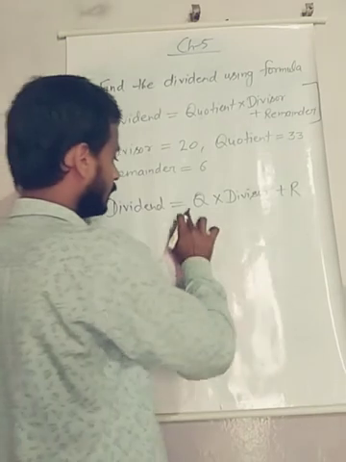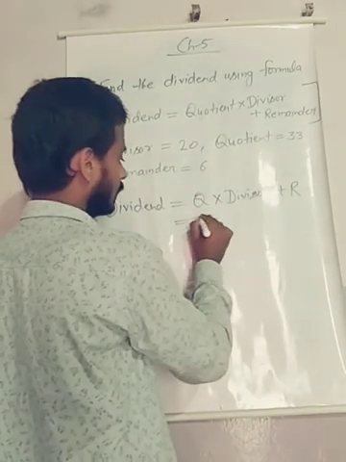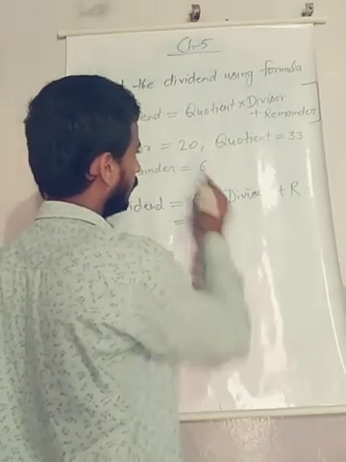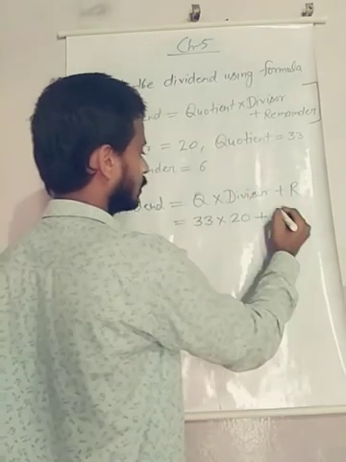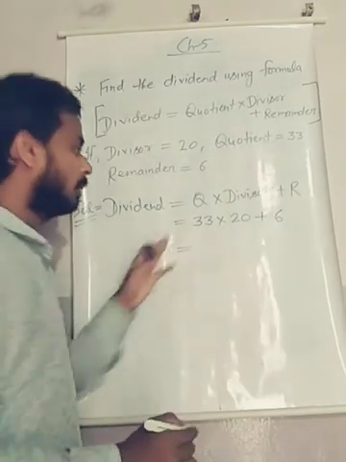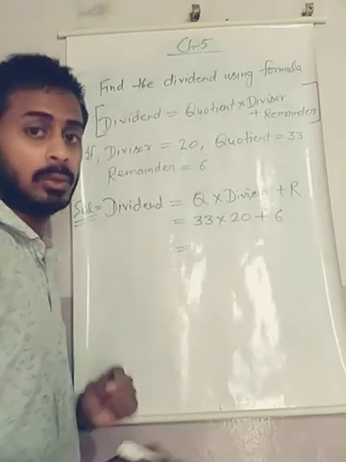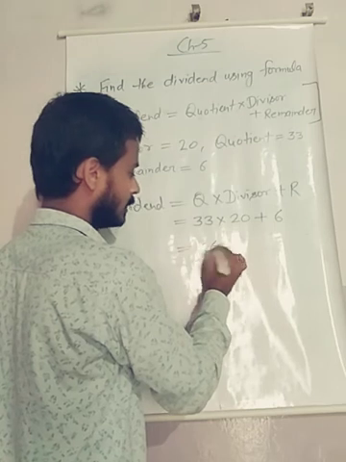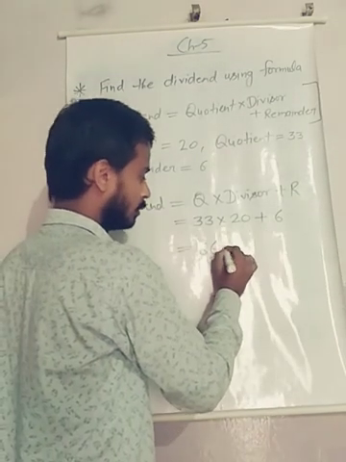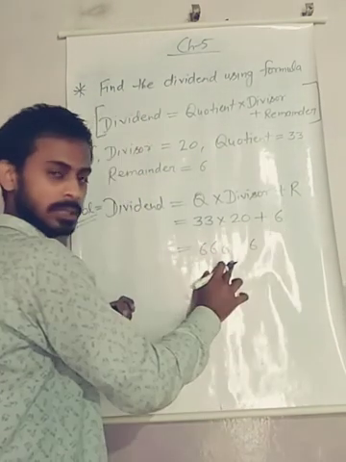Now quotient is given. How much? 33 multiplied by divisor, which is given, 20, and remainder is also given, 6. Multiply 33 and 20. You know how to multiply? 33 twos are 66 and then put 0. It becomes 660.